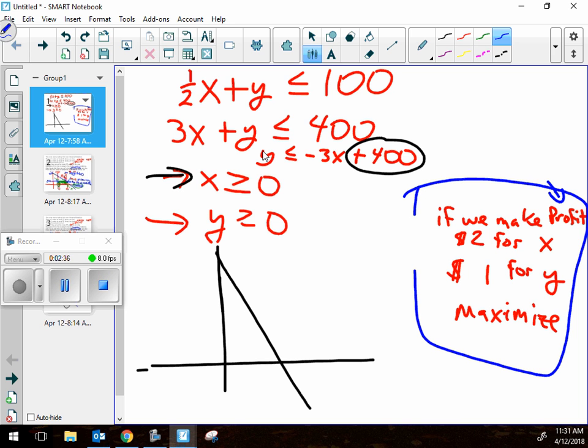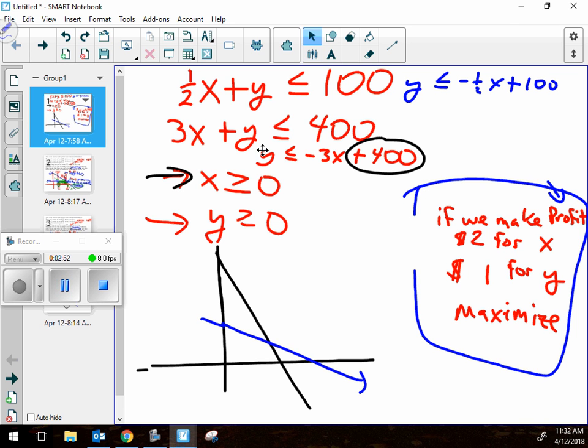One of the other ones has y less than or equal to -1/2 x plus 100. That starts at 100 and does not go very steep. It goes like that. That's the blue one. And then last, the other two are just saying you have to stay above 0 in both directions. And that keeps us in this little zone right here.